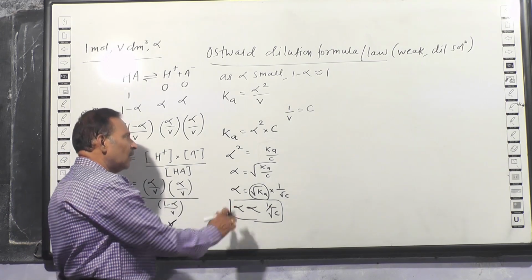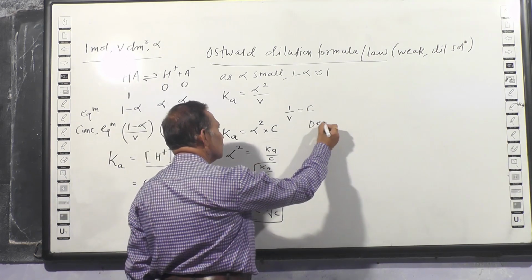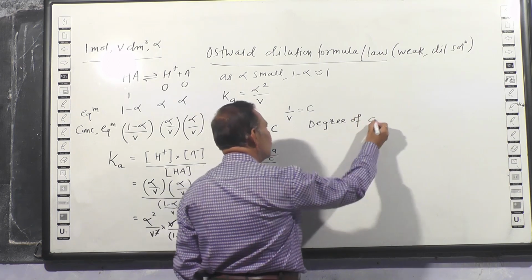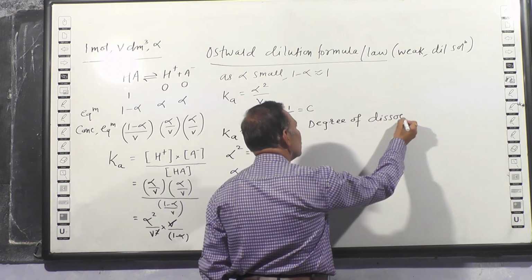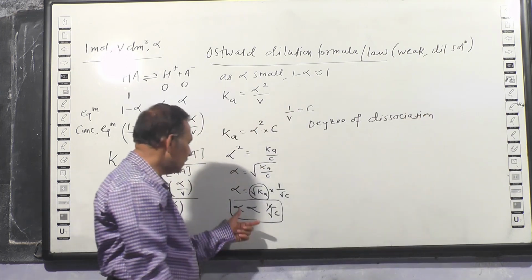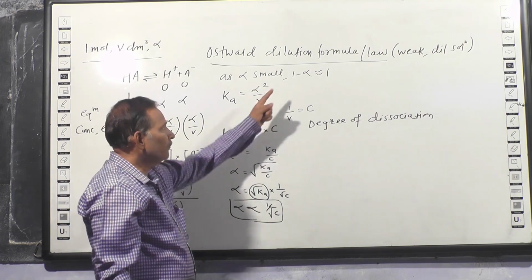What is alpha? Alpha is the degree of dissociation. Now this is the statement of the law. Alpha is the degree of dissociation of a weak electrolyte, which we are considering.